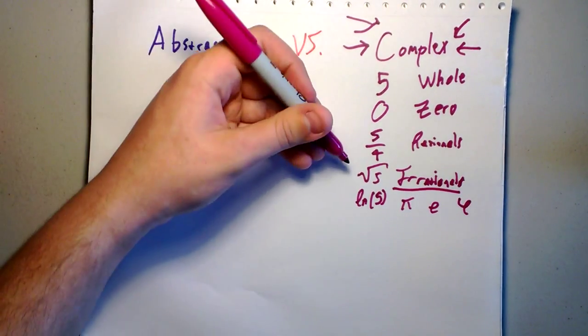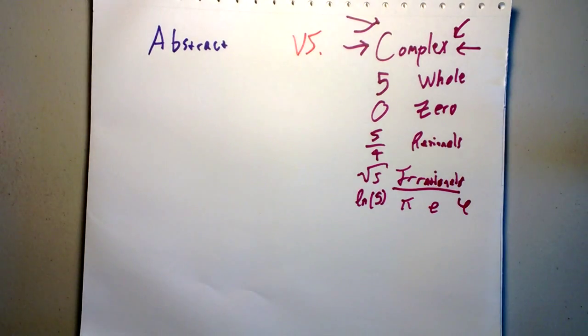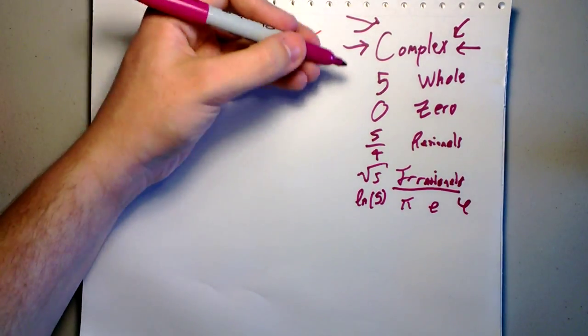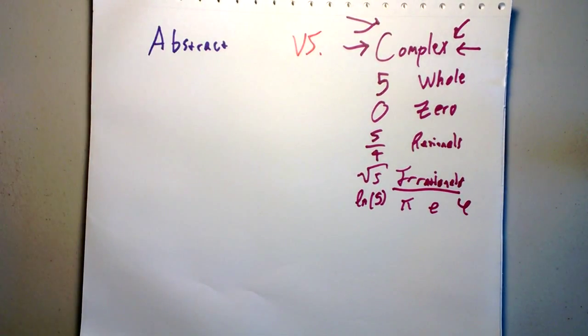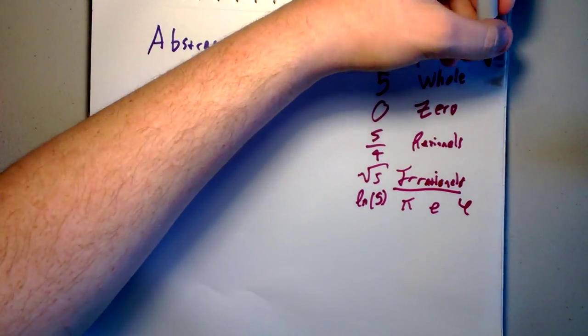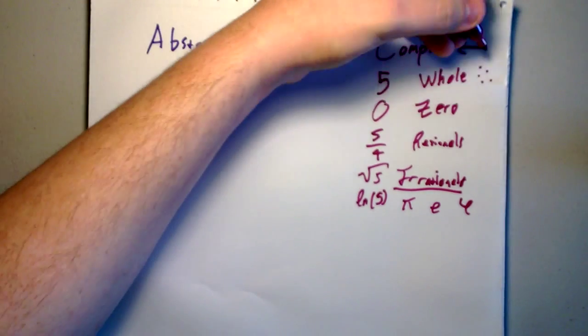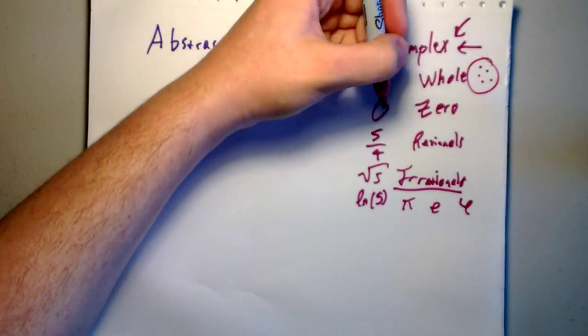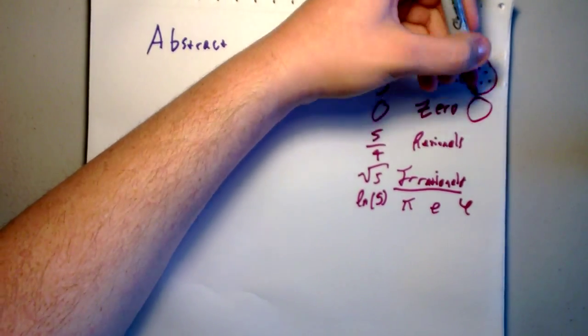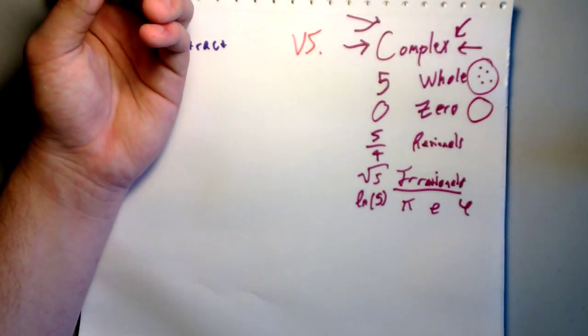They're kind of hard to understand. If you only understood numbers as counting, just getting to irrationals would be way too far already. If you had a whole number, like 5, that makes sense. That's 5 items here. 0, no items. That kind of makes sense.